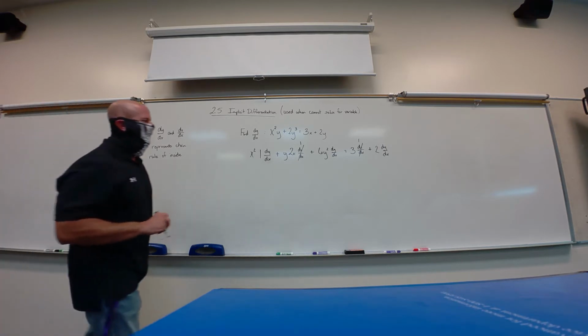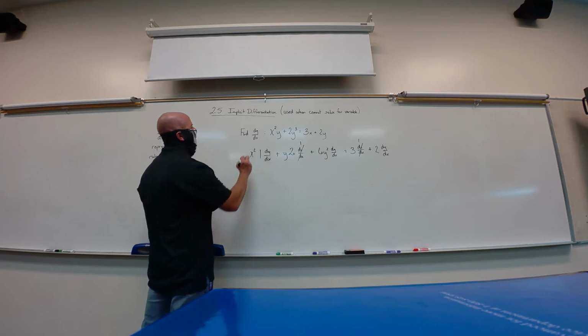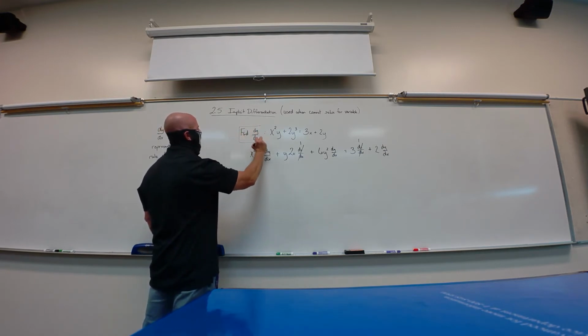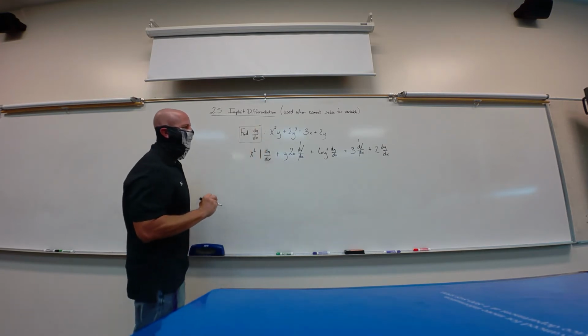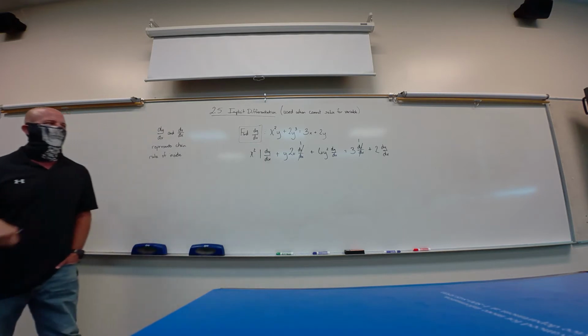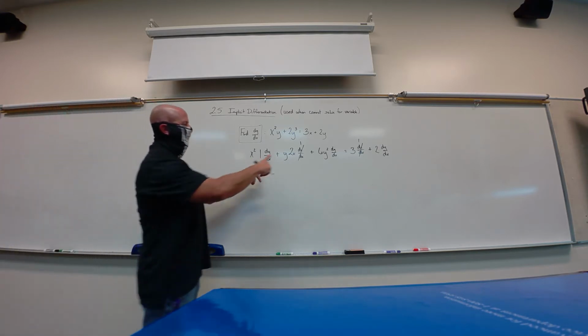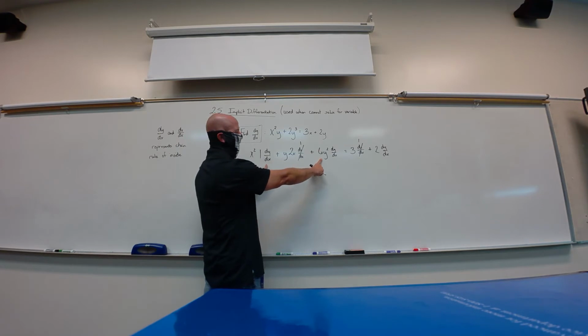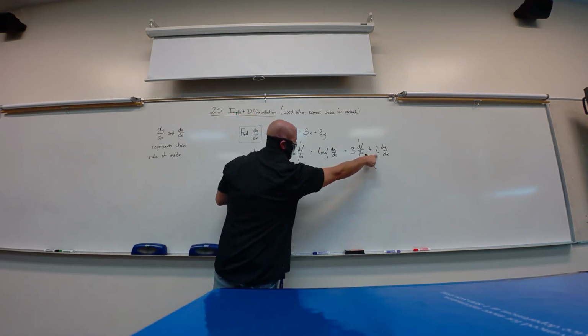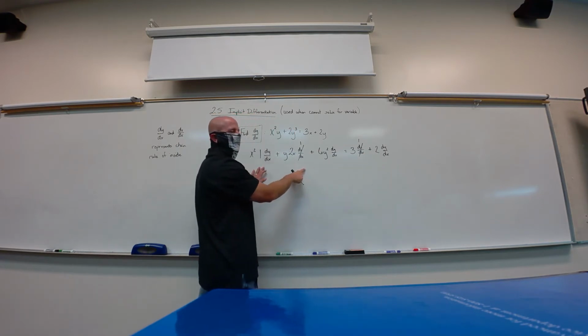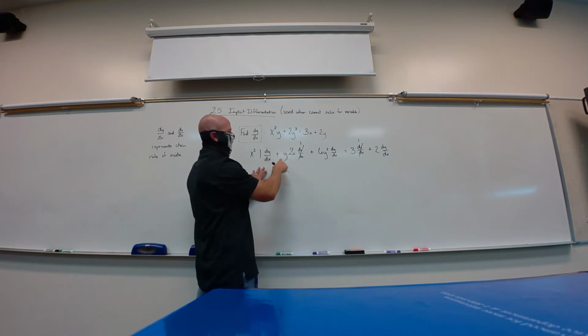Now, this says to find dy/dx. That means I need all the dy/dx's on the same side. So I'm just going to put them on the left side because 2 of them are already there. I've got these 2 dy/dx's on the left side. I'm going to bring this guy over to the left side, and that means this one here is going to the right side.